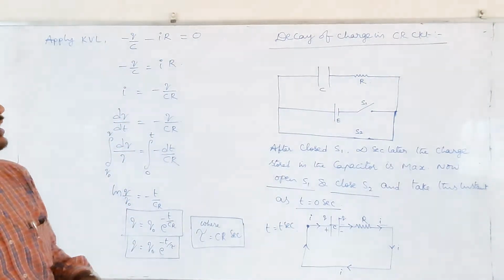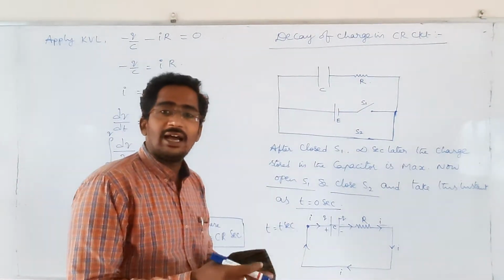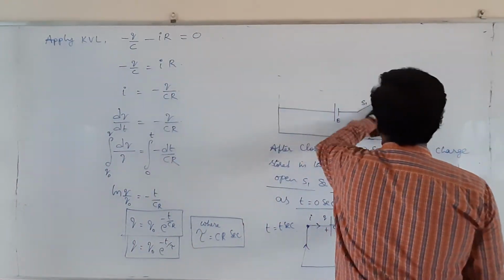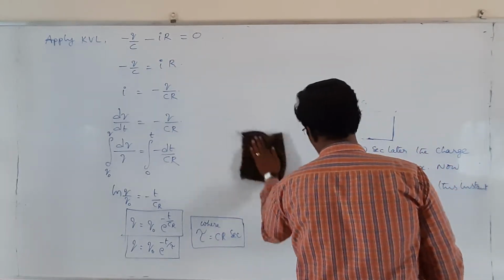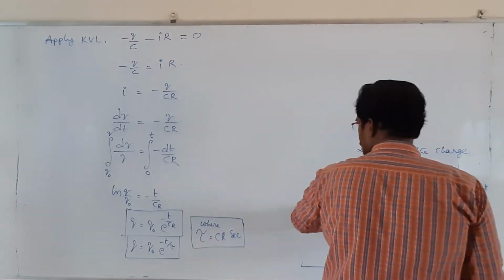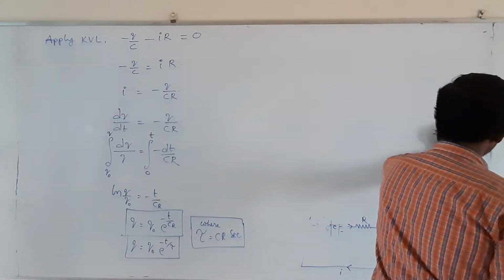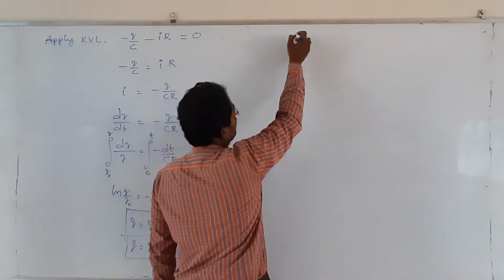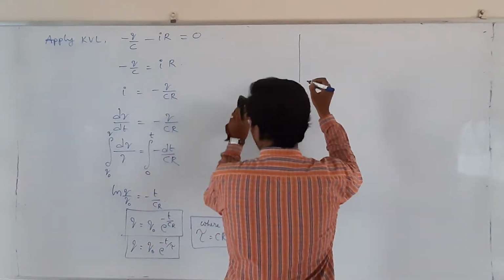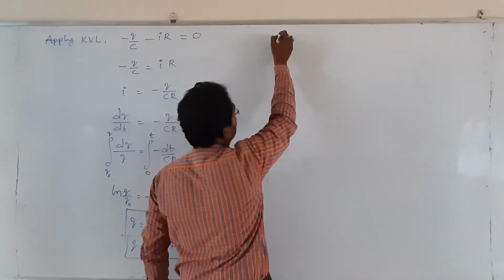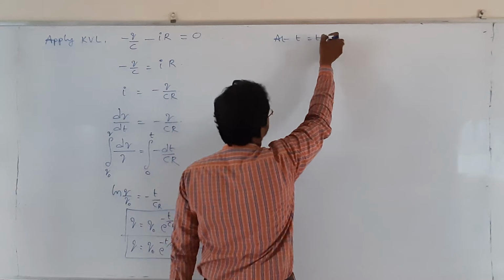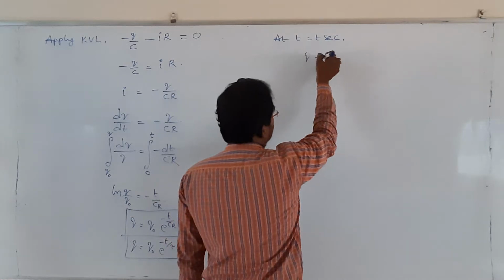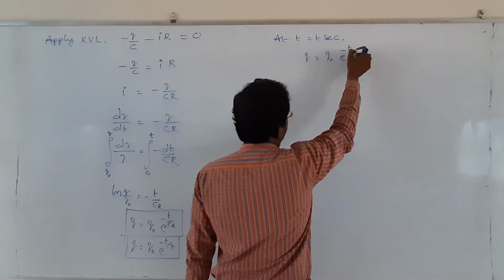Now I am going to give you the graph. What is the graph shape for this? If you plot the graph, at the time of t seconds during the decay, charge value q equals q naught into e power minus t by CR.